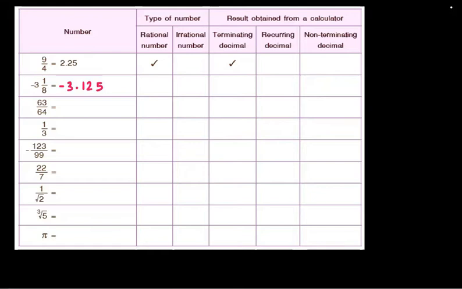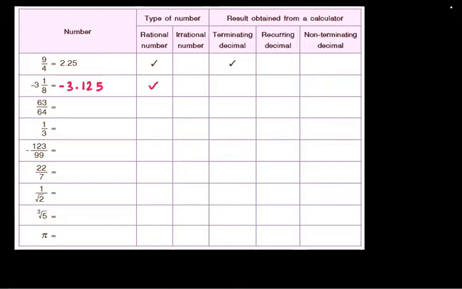You see? We say that this is a rational number because it can be written as a fraction. We have a numerator, which is 1, and we have a denominator here, which is 8. And even you can make it an improper fraction. You get 8 times 3, that is 24 plus 1. You get -25 out of 8. So the numerator will be -25, and the denominator will be 8. So that one is a rational number.